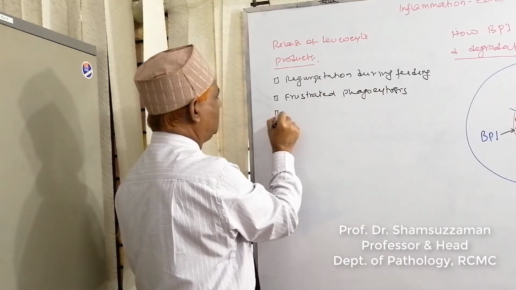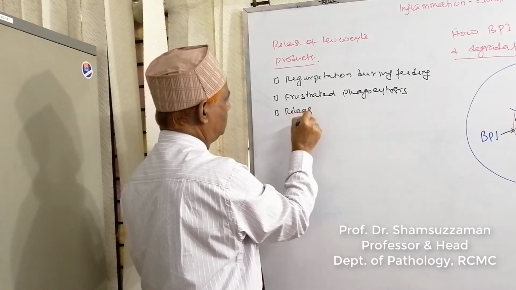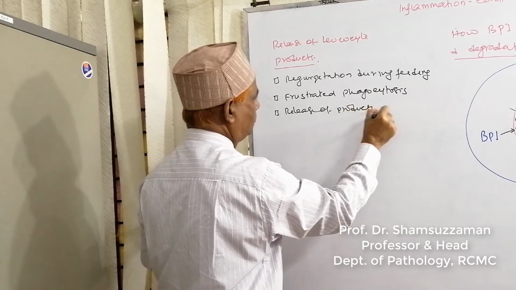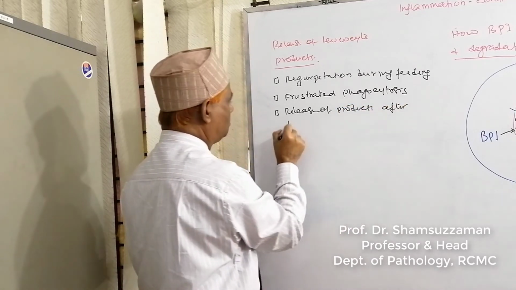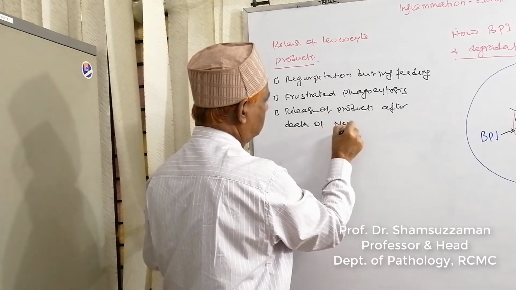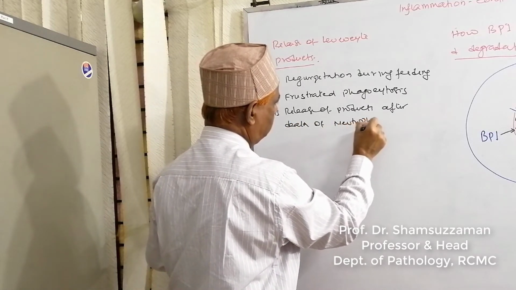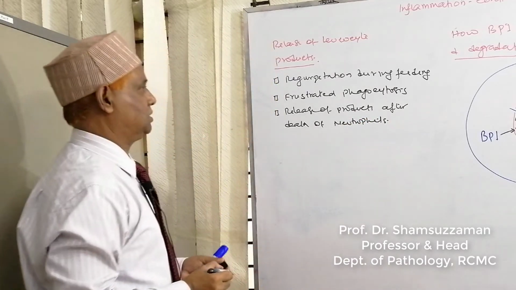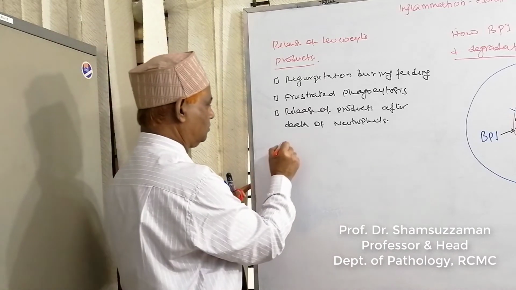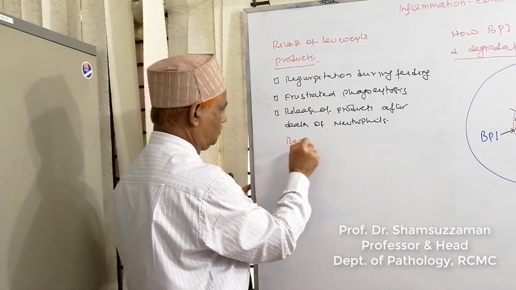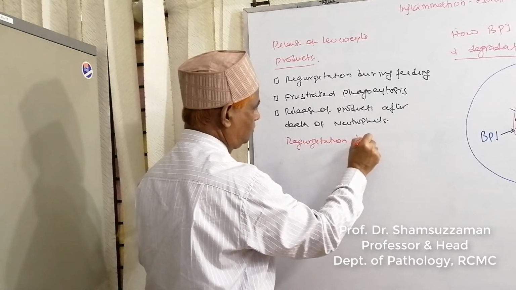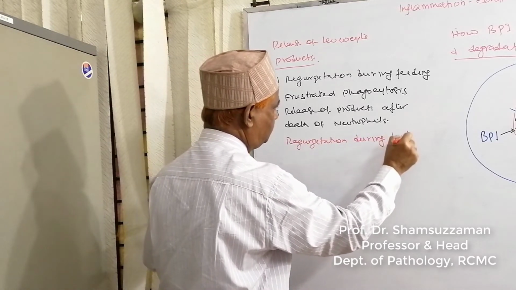And number three, release of products after death of neutrophil or acute inflammatory cells. So there are three ways. Now come to regurgitation during feeding.